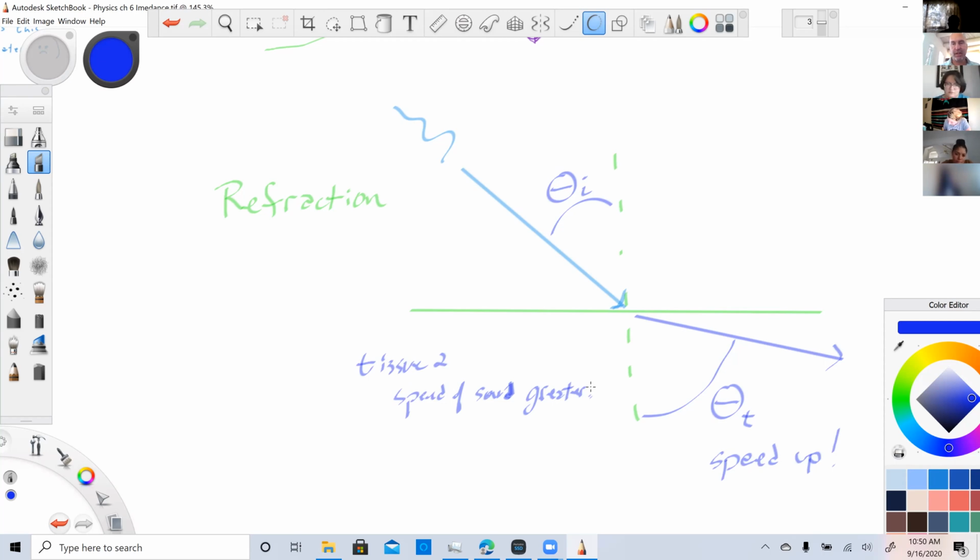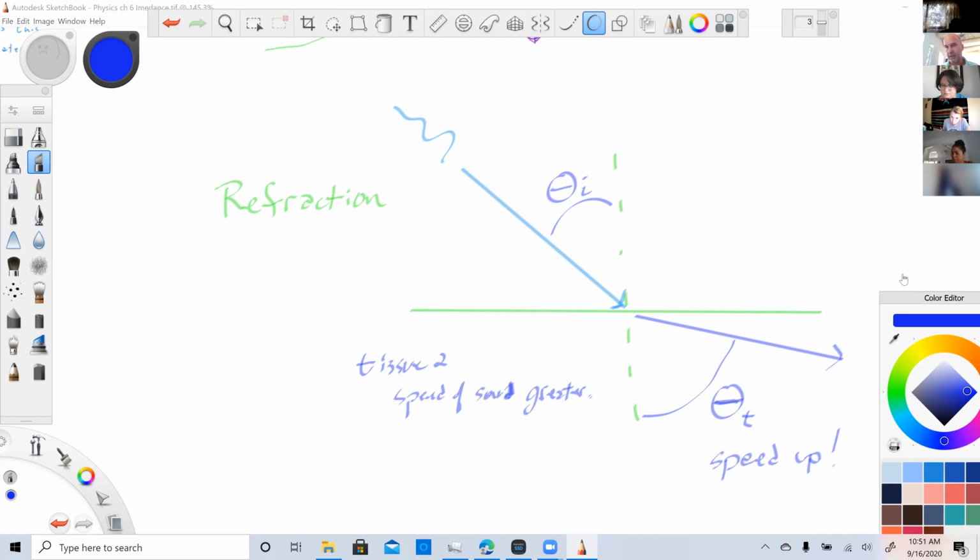Kurt's rule is that for every 1% change in the speed of sound, there's a 1% change in the theta transmitted angle. And that could be up or down.